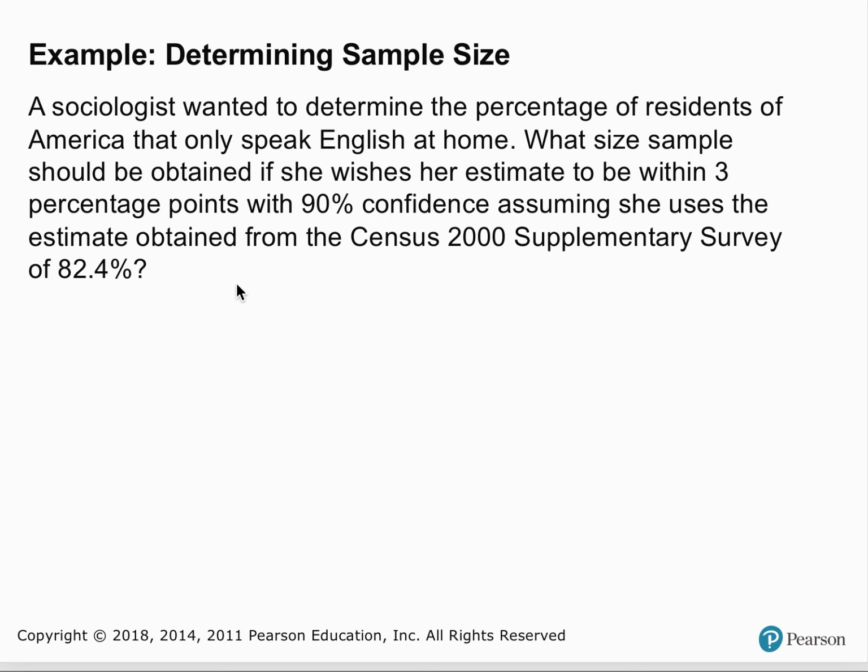So this means she has a P hat that she's going to use, so we would use that first formula. The formulas are the same. The only difference is what I plug in here. If I don't have a prior estimate, I put a 0.5 in here. If I have a prior estimate, I put that. So here's the formula from the other page.